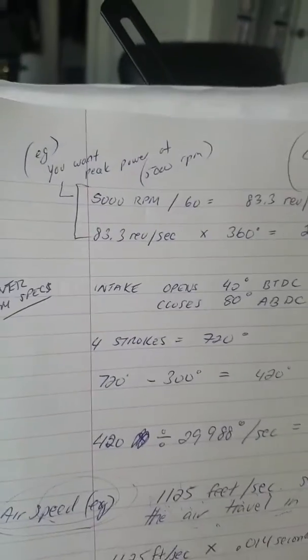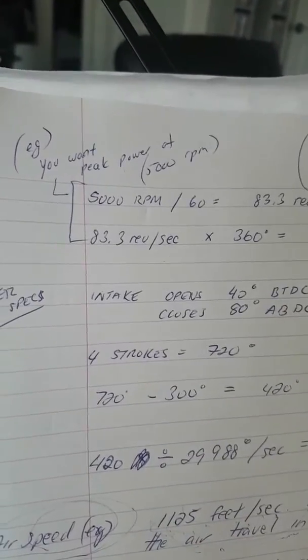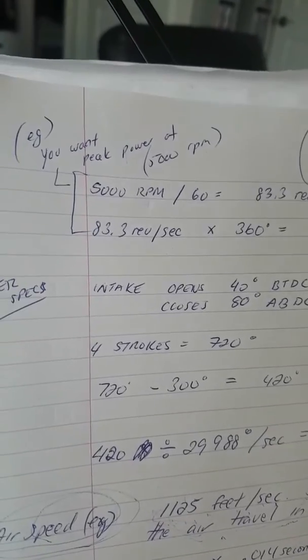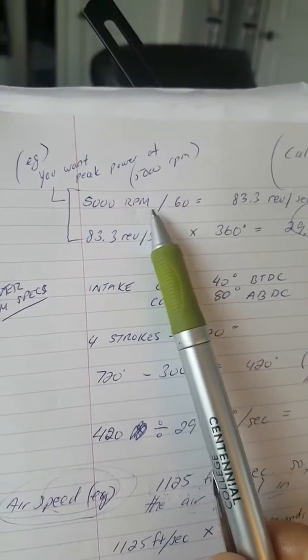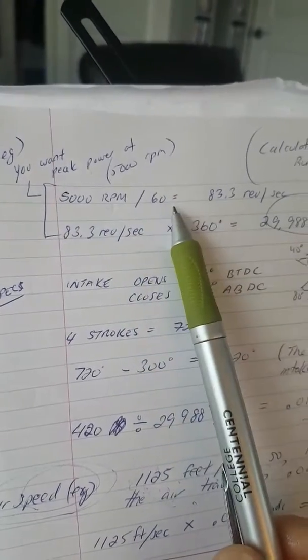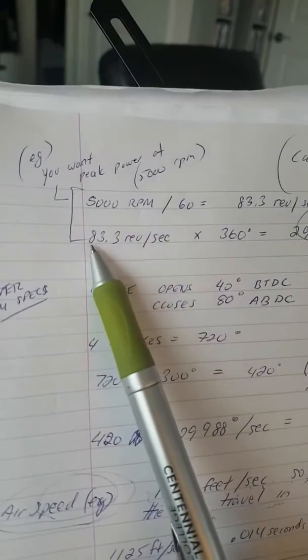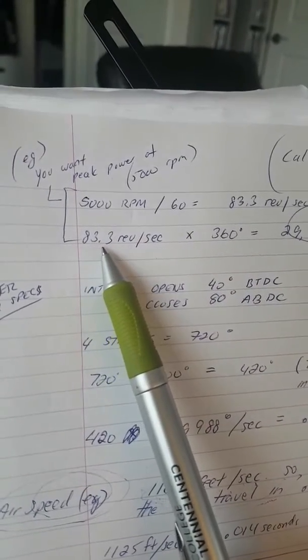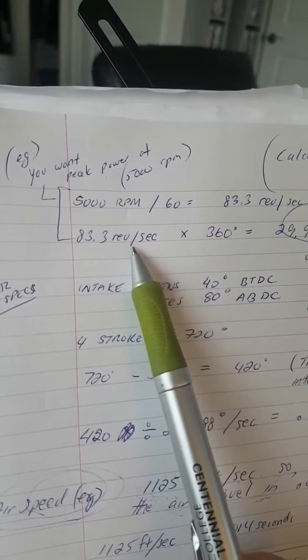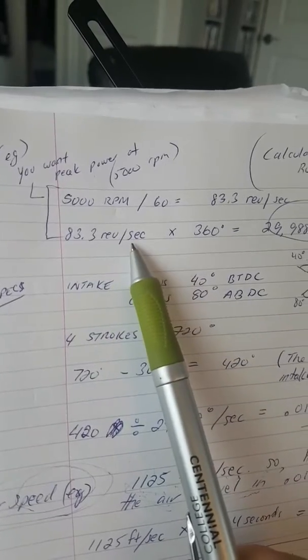We're going to have to figure out how many degrees per second this engine is going to be rotating. Okay, and how we do that, the first part of this equation, is you take your 5,000 revs per minute, you divide it by 60 to determine how many revs per second. In this case, it works out to 83.3 revolutions per second.